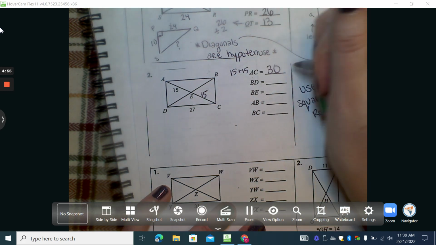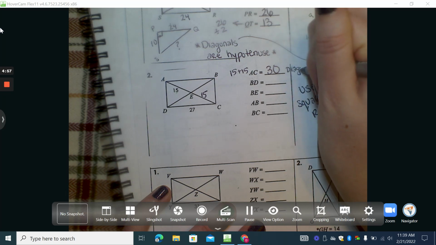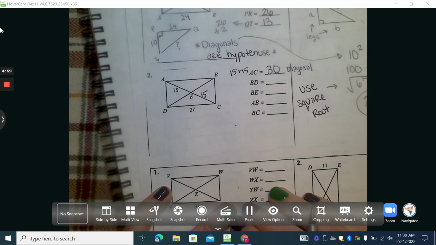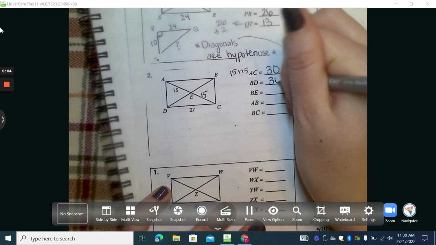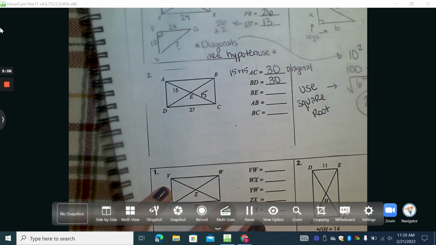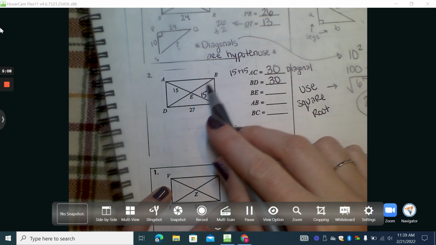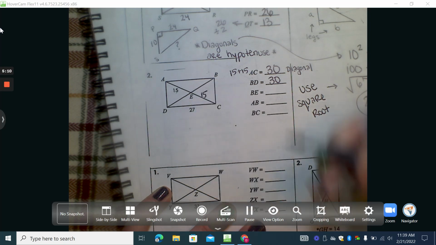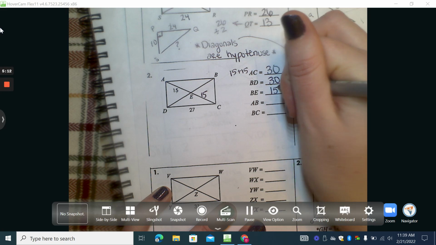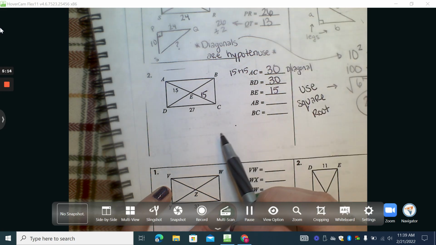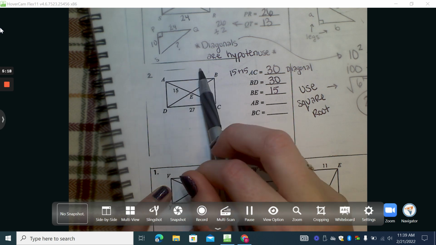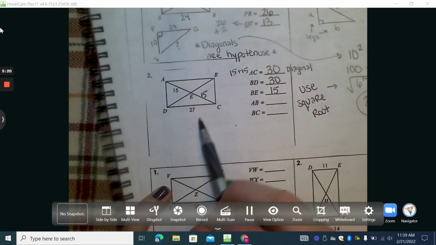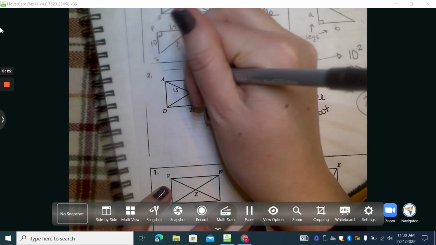My diagonal is 30, which would then mean that BD is also 30. My diagonals are the same, and B to E, if I were to cut that in half, is also 15. What I don't know, oh here, AB is this side over here. Well, let's see if it gives me the congruent side. Yes, it does, 27.